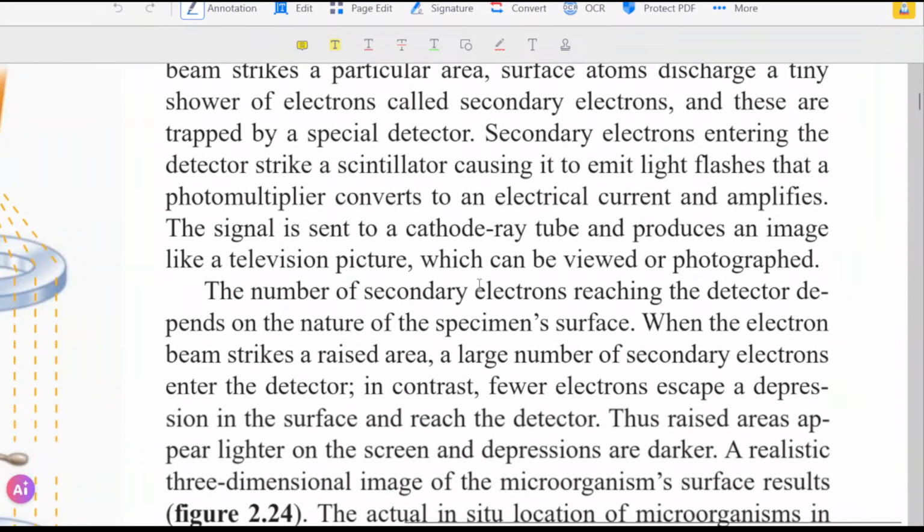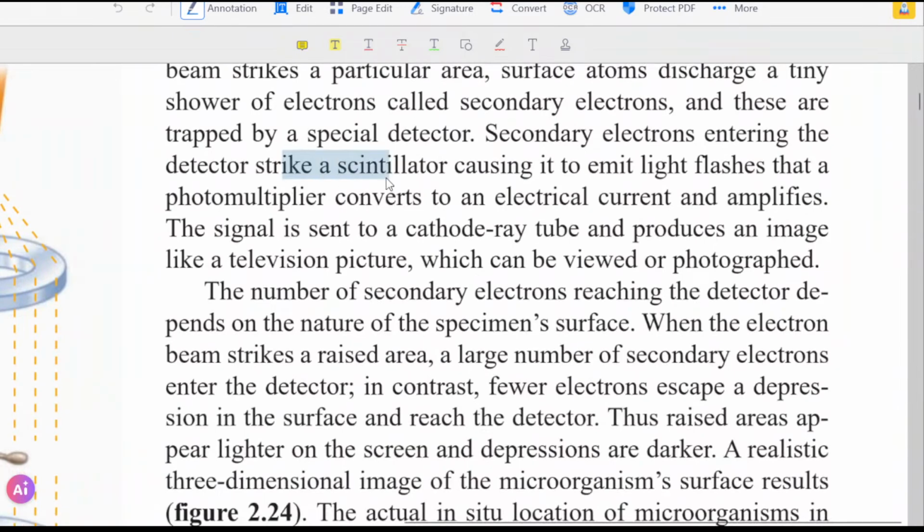Secondary electrons entering the detector strike a scintillator. What is a scintillator? Causing it to emit the light flashes that a photomultiplier converts to an electrical current and amplifies. Looks like the scintillator is an object which causes light when the electron strikes it, right?